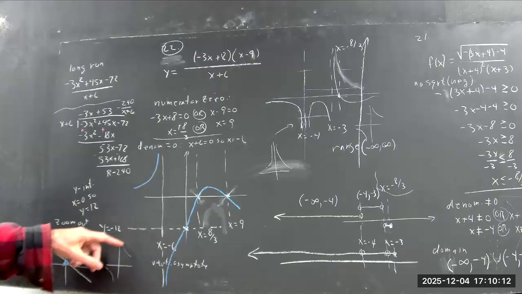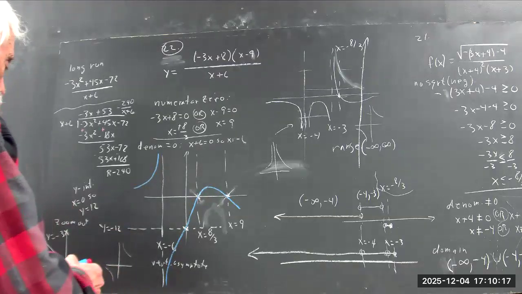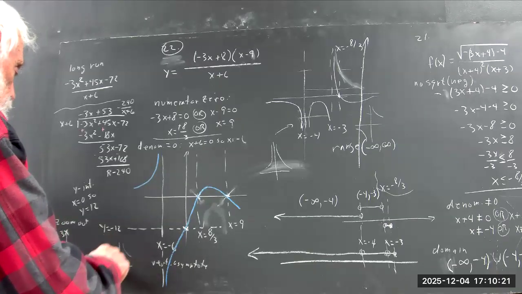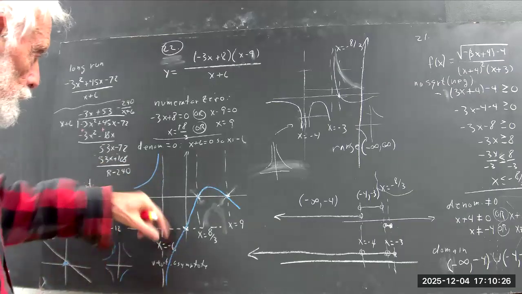So we're taking the reciprocal shape and we're reflecting it around the x-axis because everything goes negative, and we get something that looks like this, which we see here and here.